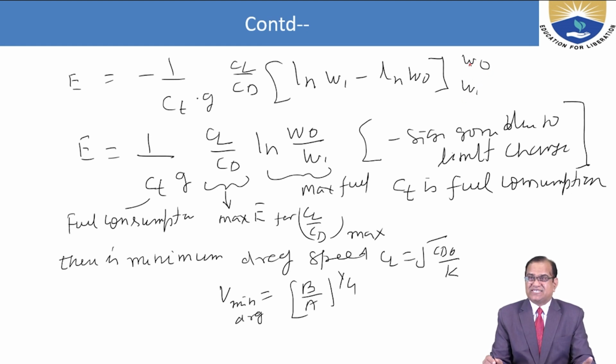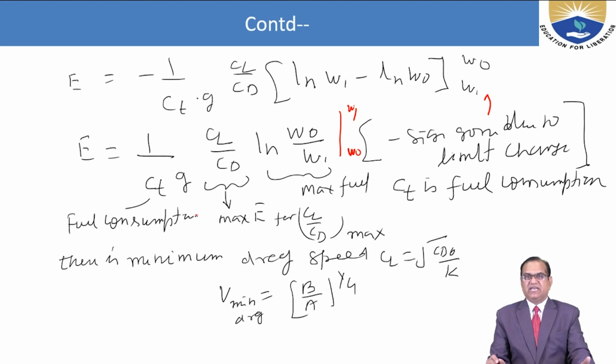If we reverse these limits, this minus sign will go. So now E is equal to 1 by Ct into CL by CD, ln W naught by W1. The minus sign has gone because the limits are changed here: here it is from W1 and here W naught. So we have got this value.